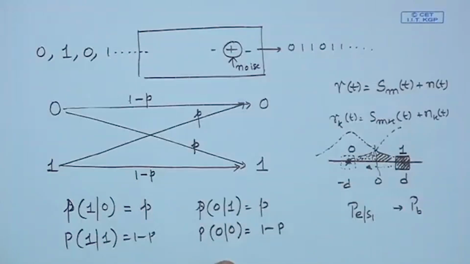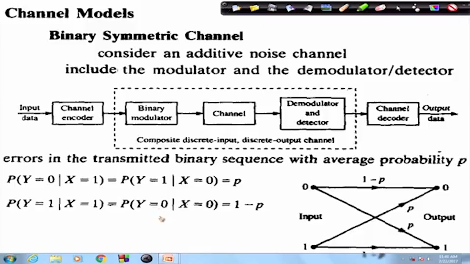Whatever we reflected here is shown in this particular setup. The probability that I get a 0 when I sent a 1 is the same as the probability that I get a 1 when I have sent a 0, and that is equal to p. Similarly, the probability of the output remaining the same as the input, in both cases, is 1 minus the probability of making an error, that is the probability of being correct, which is 1 minus p. This is exactly what we have written on the paper.